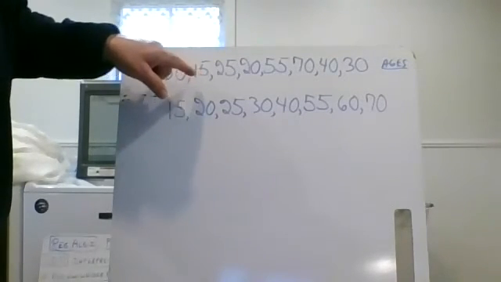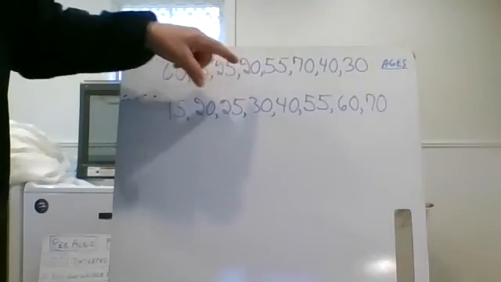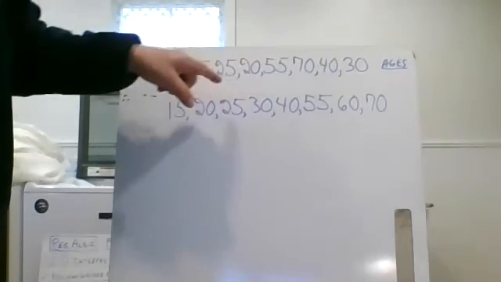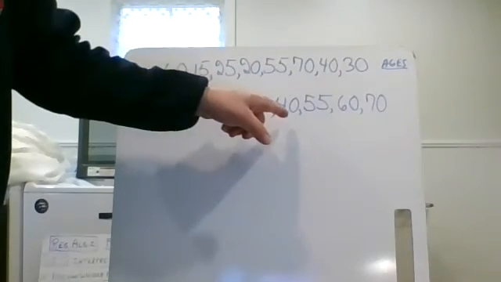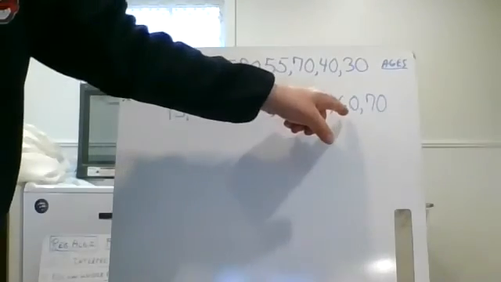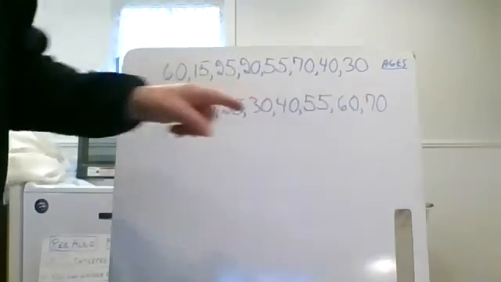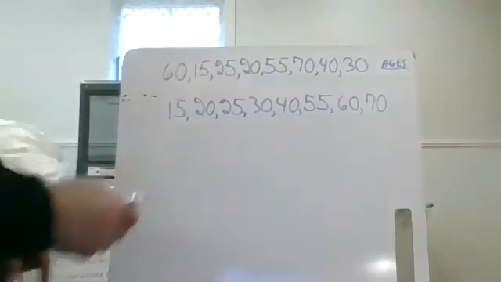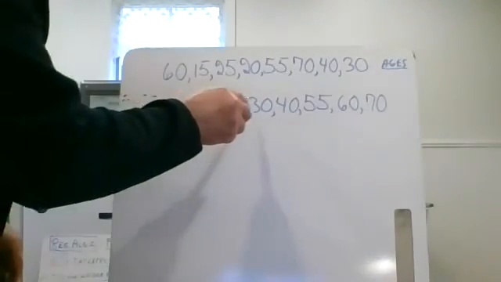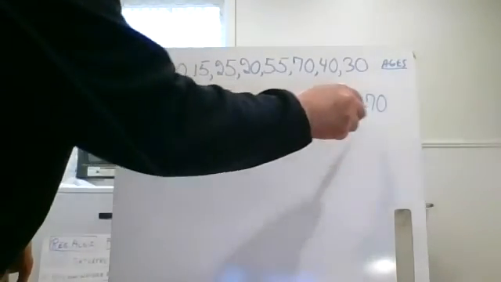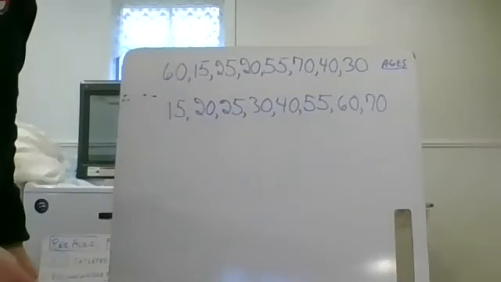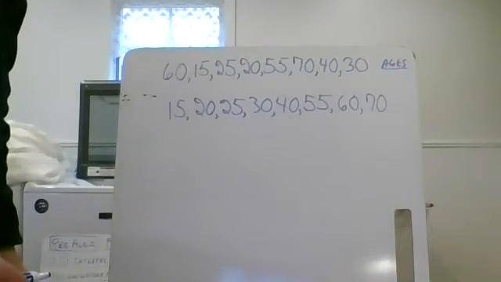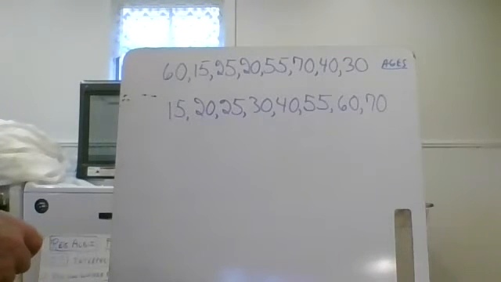So you see 15, then you see 20, then you see 25, 30, 40, 55, 60, 70. So now you've ordered them from left to right. There are 1, 2, 3, 4, 5, 6, 7, 8. There's an even number of values. There are 8 values here.